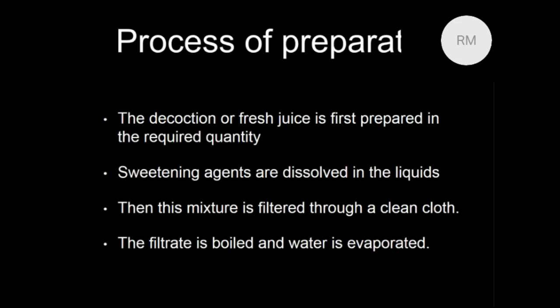So this is very similar in decoction, in medicated wines, and in many of the other preparations you can see a very similar procedure being followed. That you first take the liquids and then mix it with the sweet agents. And then when they have been really mixed well together, you filter it through a clean cloth.